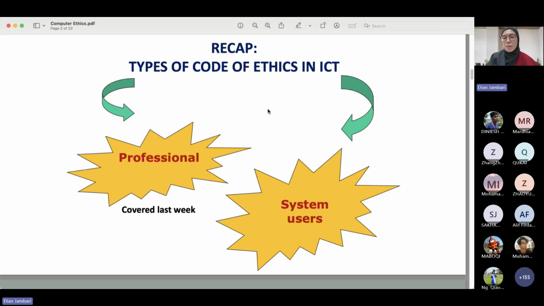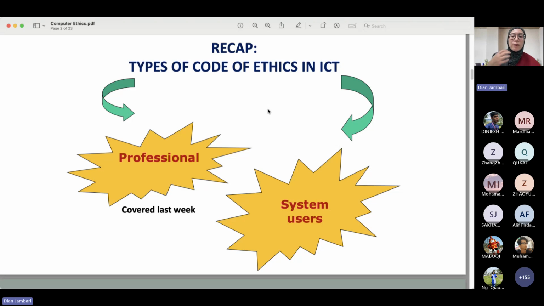People not in the field of computing would probably conduct themselves ethically in ICT more as system users.